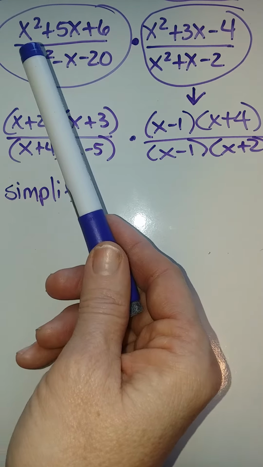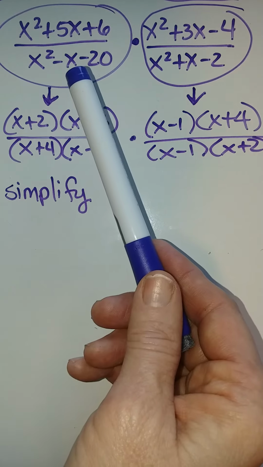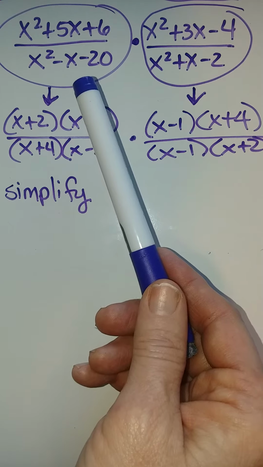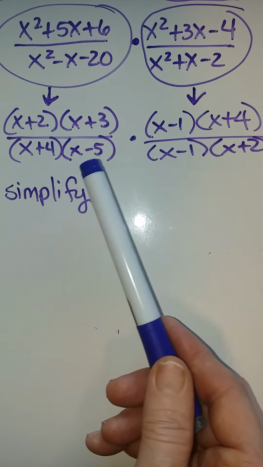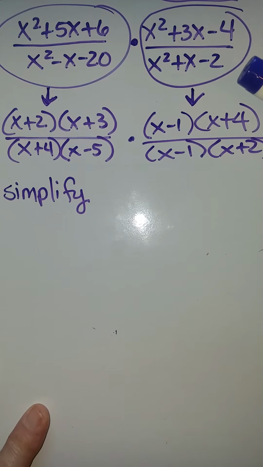So when we factor this quadratic, we end up with x plus 2 multiplied by x plus 3. And similarly, after we factor this quadratic, we get x plus 4 multiplied by x minus 5. We'll do the same thing for all four of these expressions.